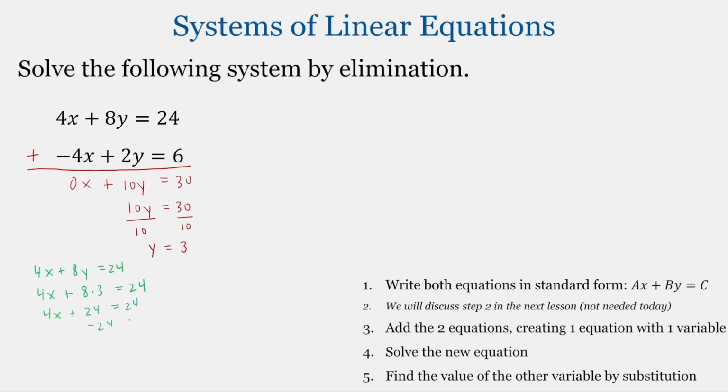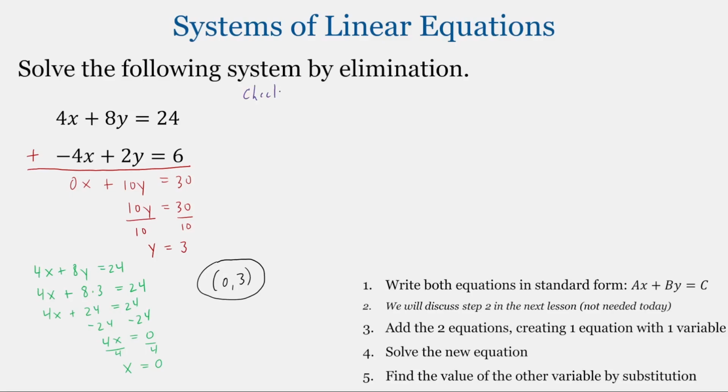Subtracting 24 from both sides, we end up with 4x = 0. Dividing both sides by 4, we have x = 0. This gives us the ordered pair (0, 3) as the solution for this system.